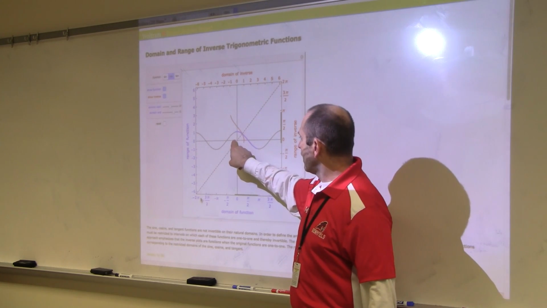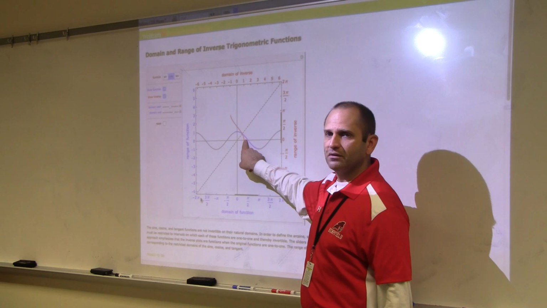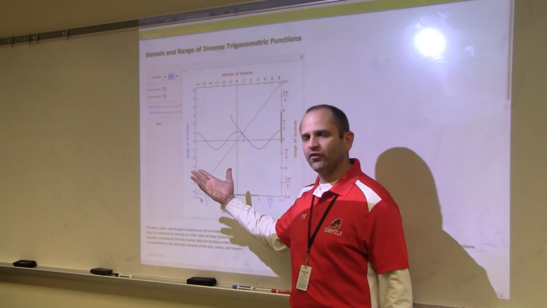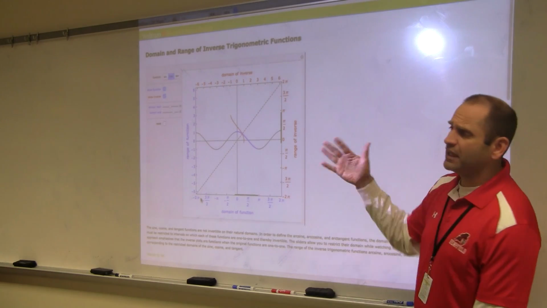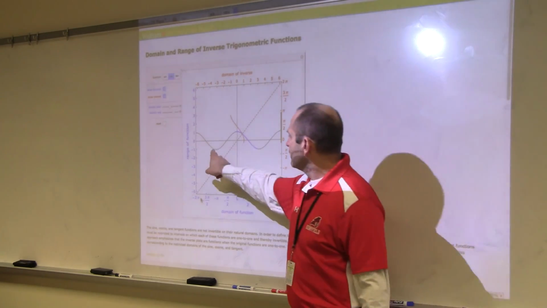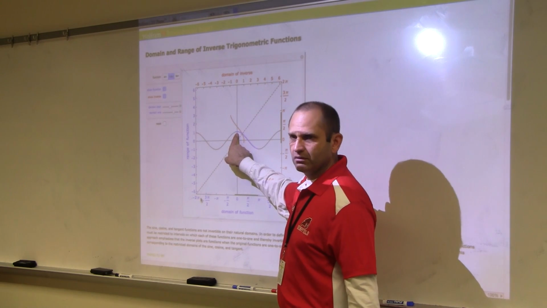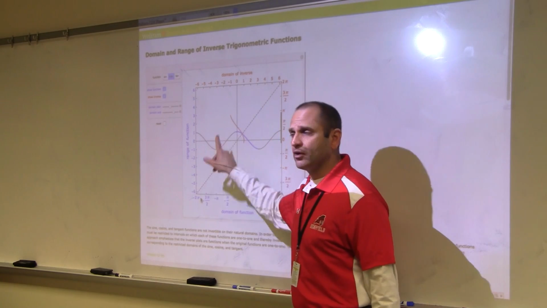How about if I went from negative pi over 2 to pi over 2? That's half a cycle, but not acceptable, right? Because it fails the horizontal line test, so you have to be careful. But we've kept as much as we can, but there's an infinite number of those that we could have kept. How about from negative pi over 2 to 0? That would have worked, right? Actually, no, I'm sorry, negative pi to 0. Negative pi to 0 would have worked.